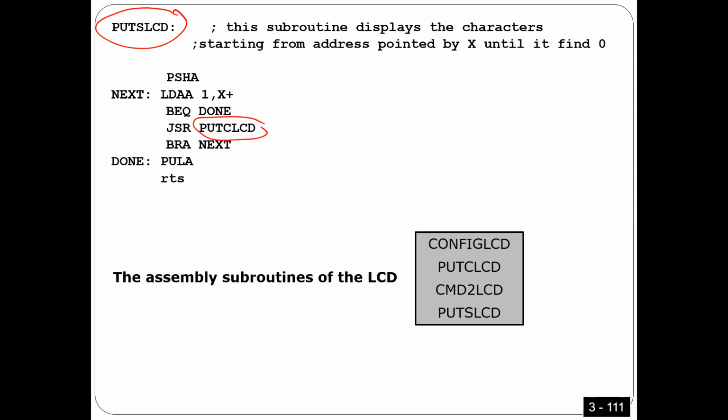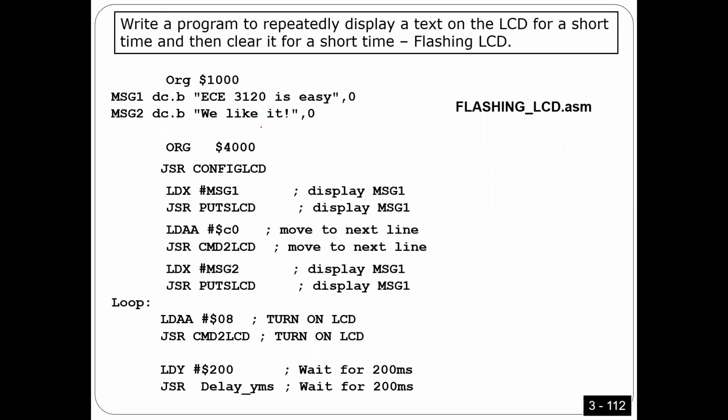Before I teach how this function is programmed, I just want to tell you how you can use this function. For example, I want to display this message: ECE 3130 is easy. What you have to do is create an array like this one.